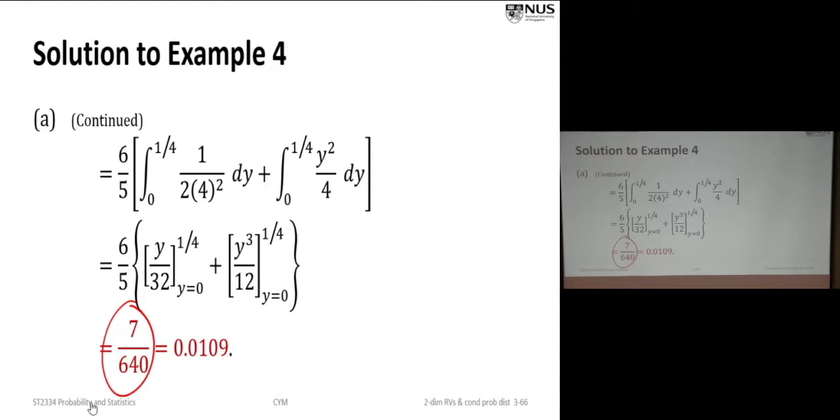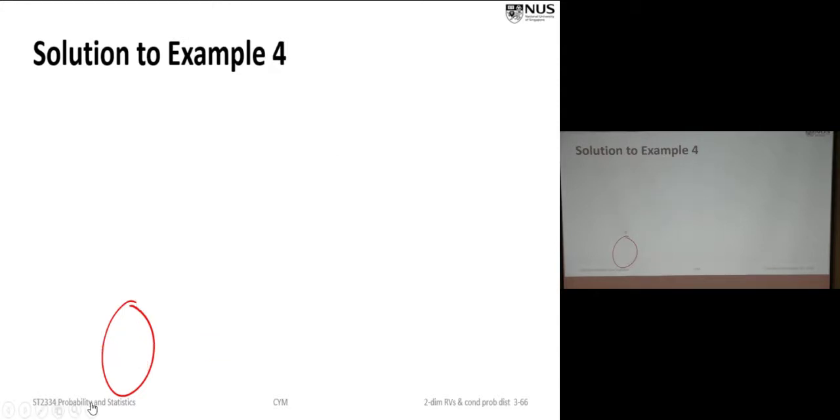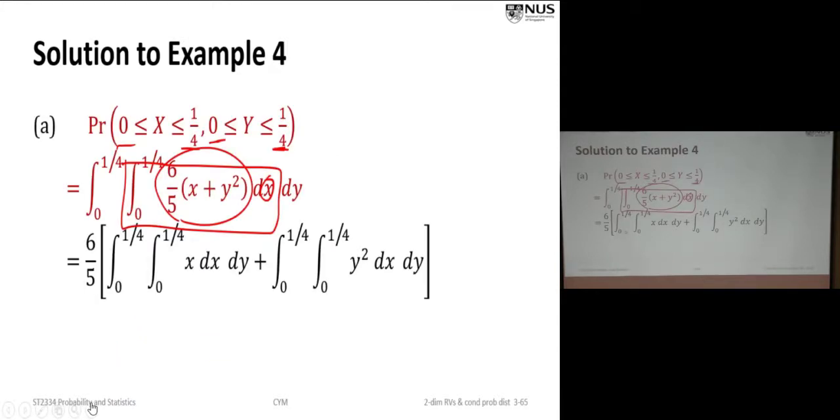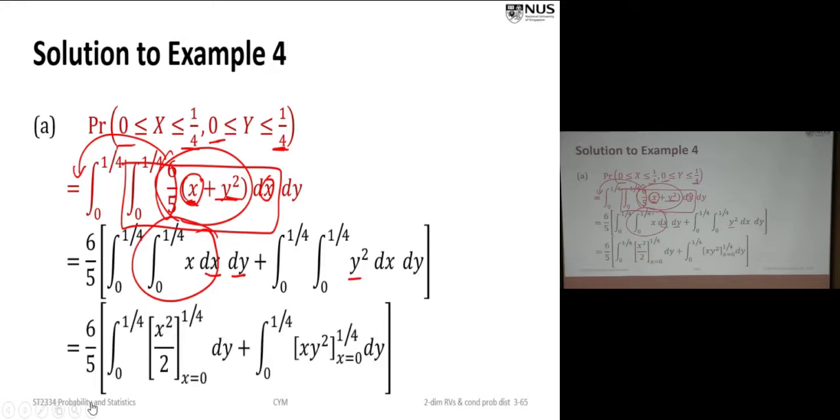All right. So, okay, in this part you take the 6/5 out and then break down the sum of these two. I integrate x with respect to x and y, and integrate y squared with respect to x and y. So when I do this integration, what I got is x squared over 2.